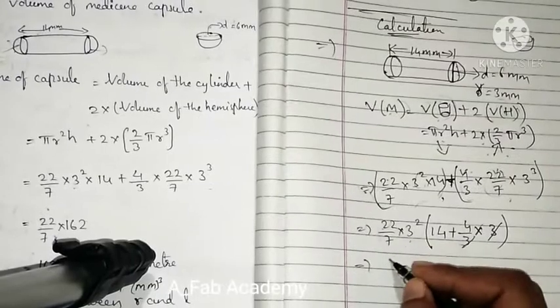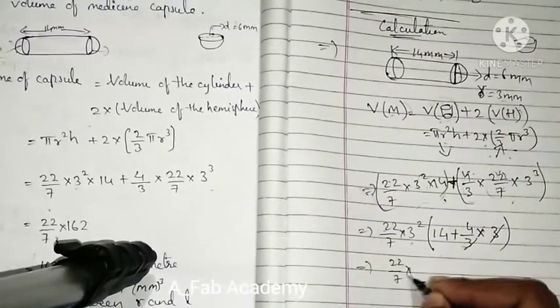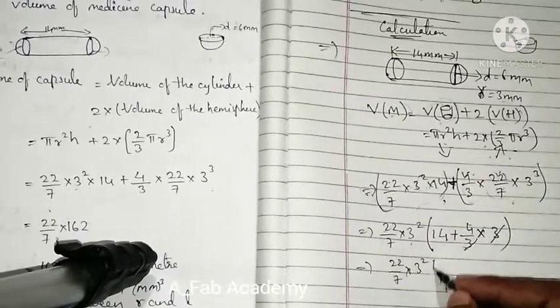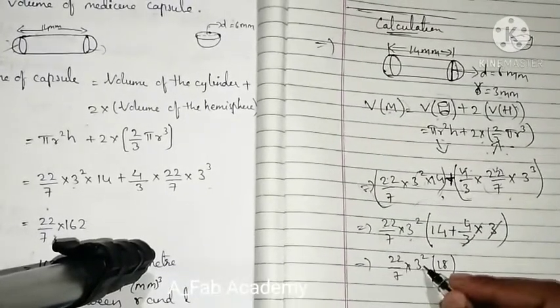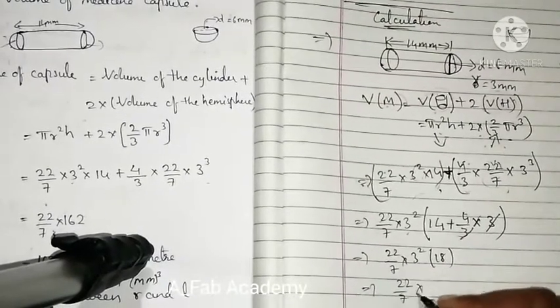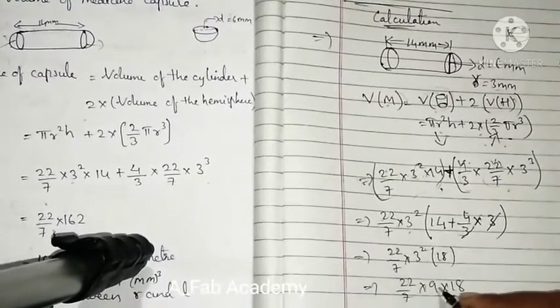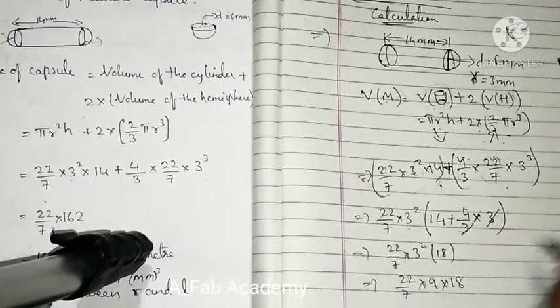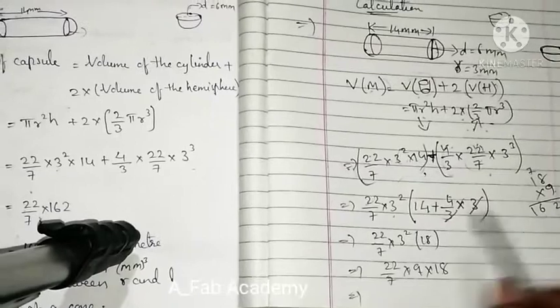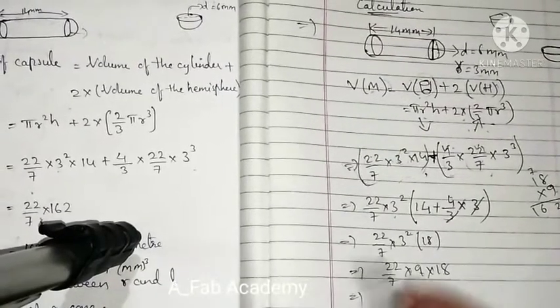Here see 22/7 into 3 square, 14 plus 4, you can add to get 18. You have to multiply, 3 square is 9. So 22/7 into 9 into 18. 9 into 18 is 162.